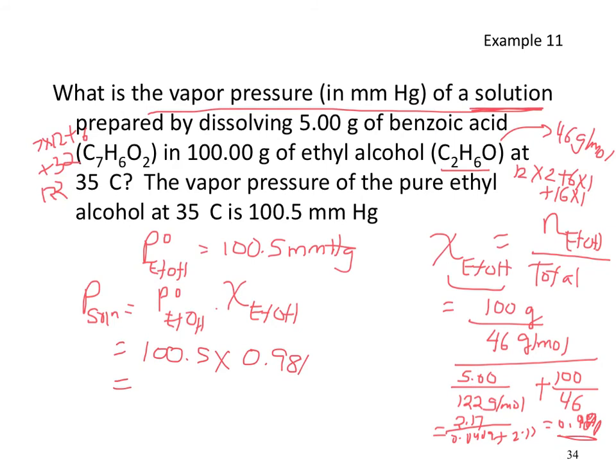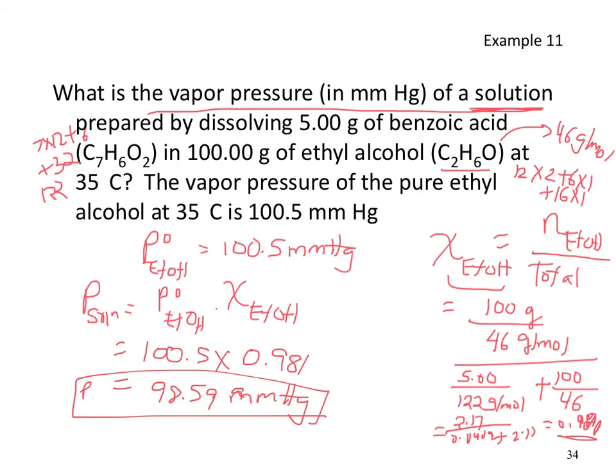So 0.981 times 100.5 gives you a value of 98.59 millimeters of mercury. So notice when you have a solution with a non-volatile solute, it's going to cause a lowering of vapor pressure. You have dropped down from 100.5 to 98.59, so it decreases.